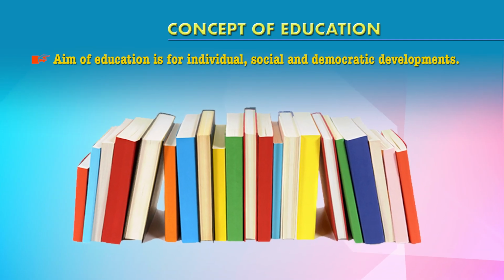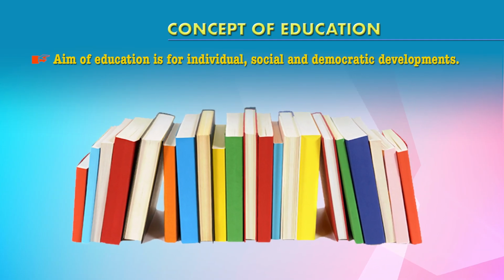And further, the aim of education is for the individual, social and democratic development of the individual. I have already said in one lesson, in the second lesson I think, that we have discussed the aim of education. The aim of education caters to the individual aim, the social aim, and at the same time the democratic aim of education.